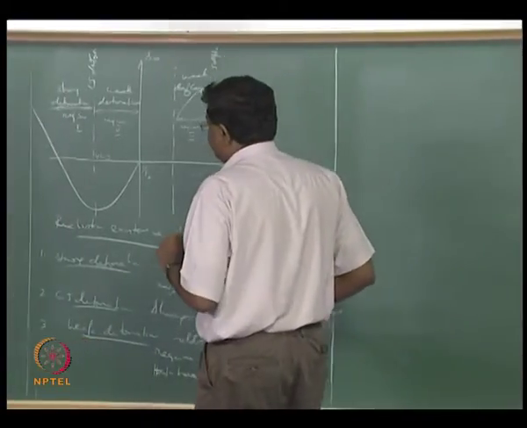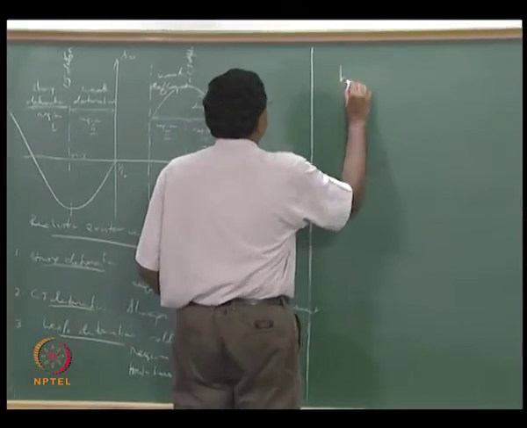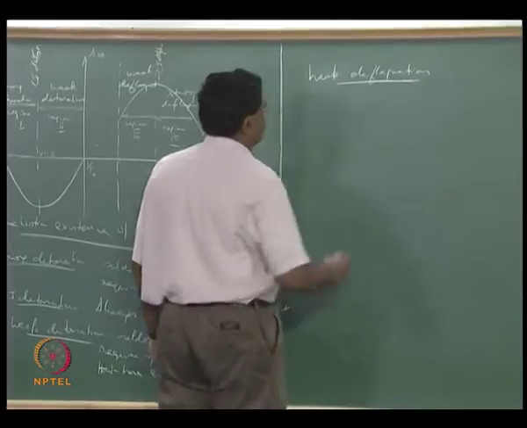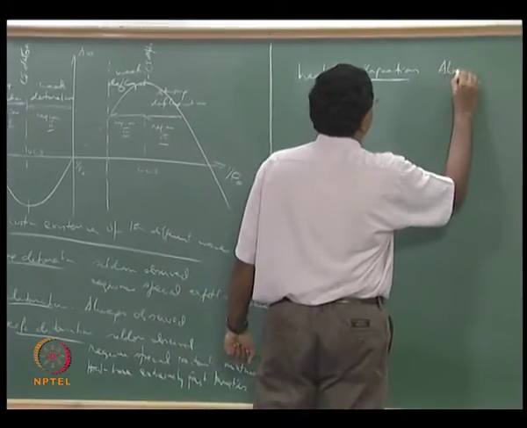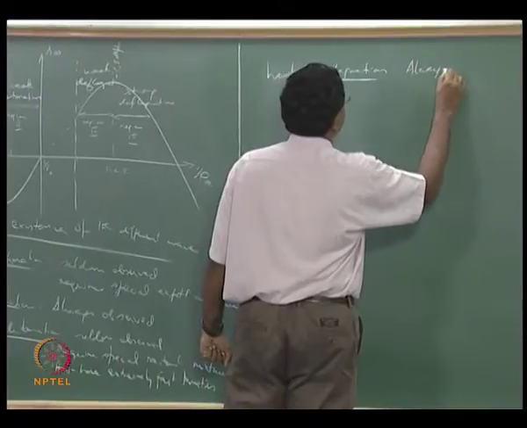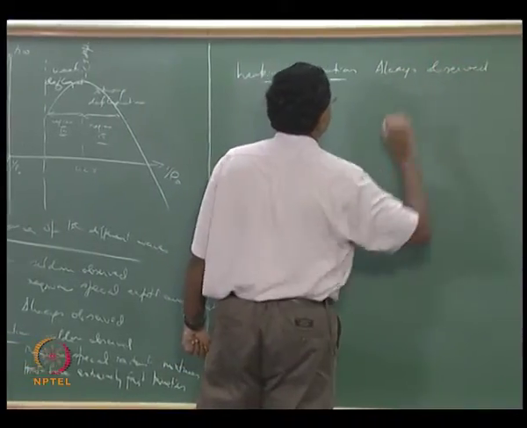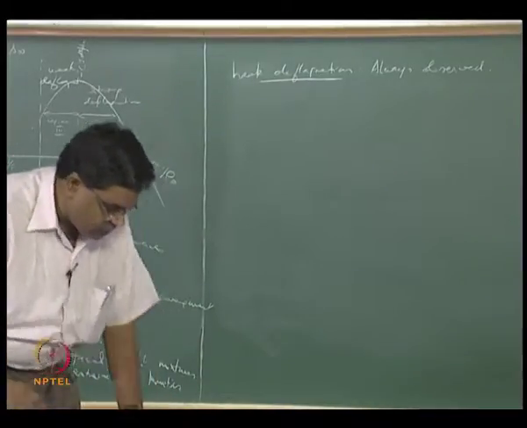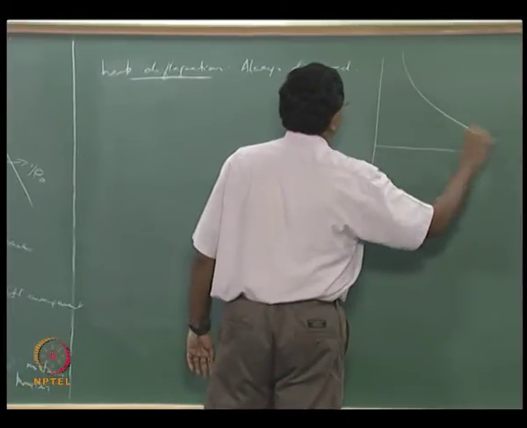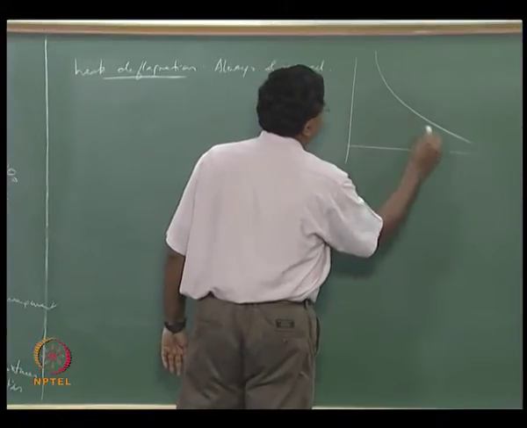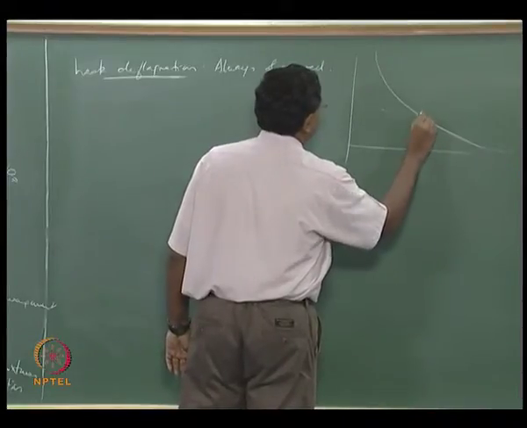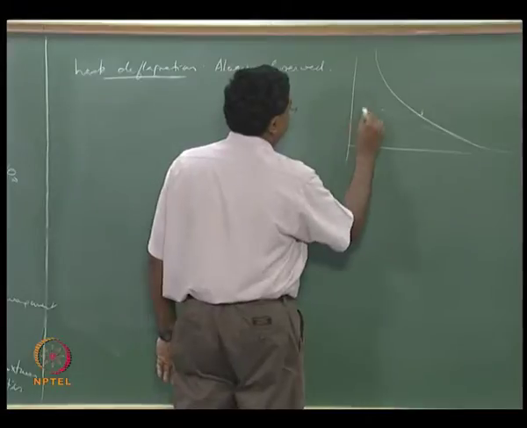So talking about weak deflagration, always observed. Here in fact if you now go back and look at your Hugoniot, and this is the origin, and let us say that is a CJ point, what we are talking about is somewhere very close to the original value.